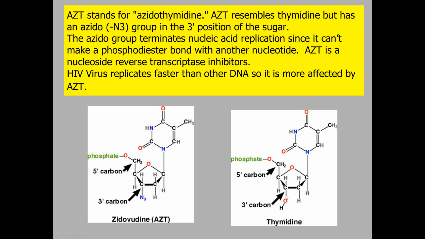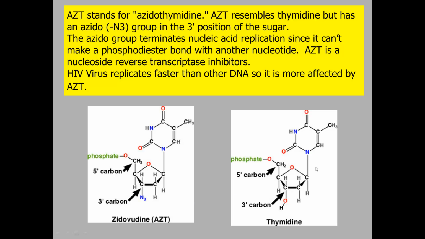So here, instead of having a free 3' OH, you've got an azido group. What happens then is that this analog to thymidine comes along and gets incorporated into the growing DNA molecule, and once it's incorporated, the reverse transcriptase can no longer replicate the viral RNA into a DNA copy because there's no free 3' end to add another nucleotide base to it.